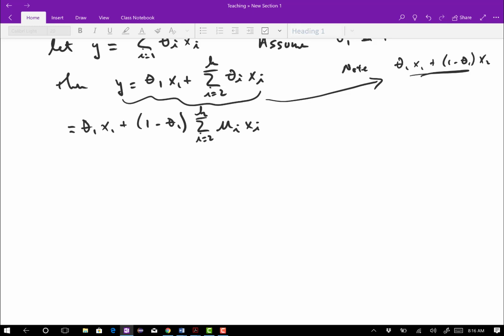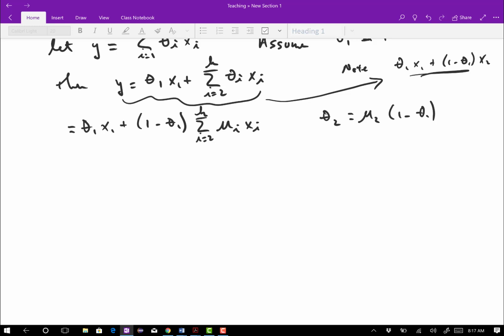All we're doing here is we're saying, okay, instead of a different theta, let's make it a different mu. And how do we get that mu? Well, each mu is theta with 1 minus theta 1 factored out of it, right? So, for example, theta 2 is equal to mu 2 times 1 minus theta 1, for example. And this would hold for all of them.